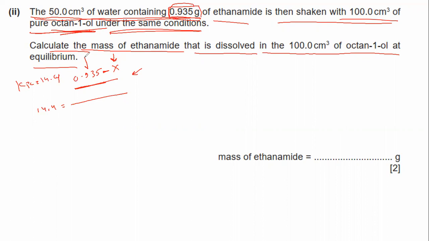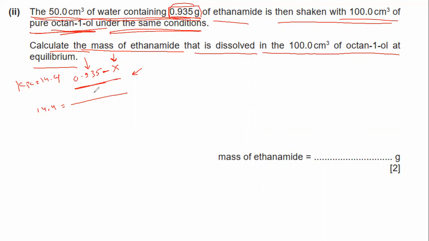This is the original mass of ethanamide in water. After mixing, some of the mass will go to the octane-1-ol layer, and let me say that this amount is X.